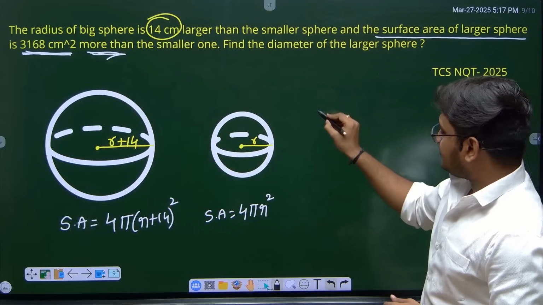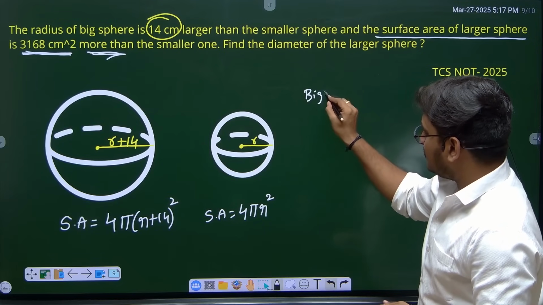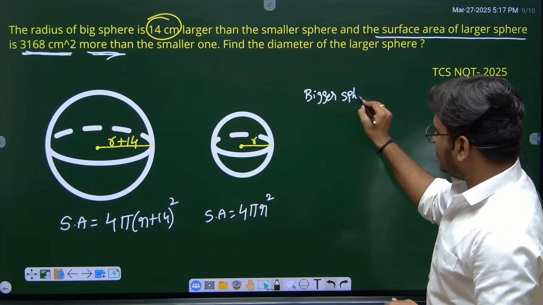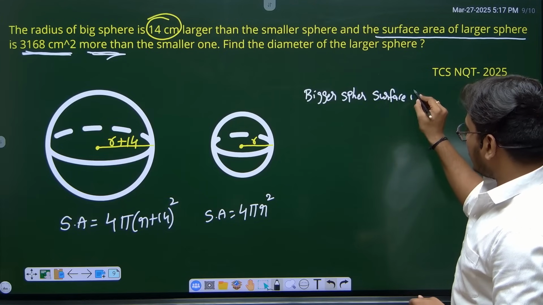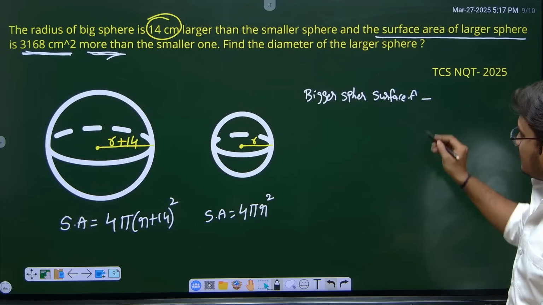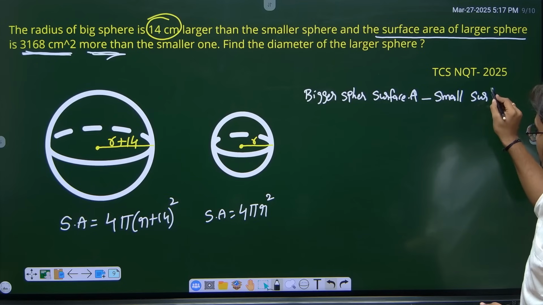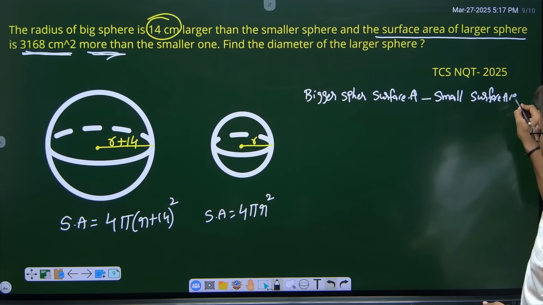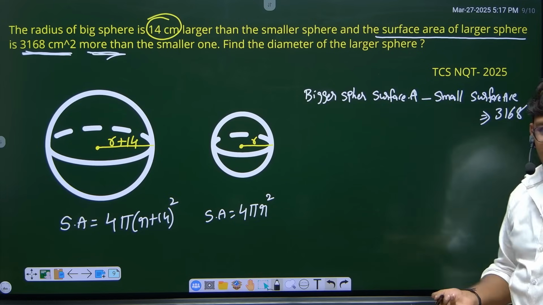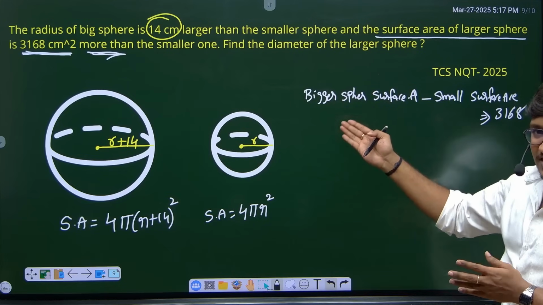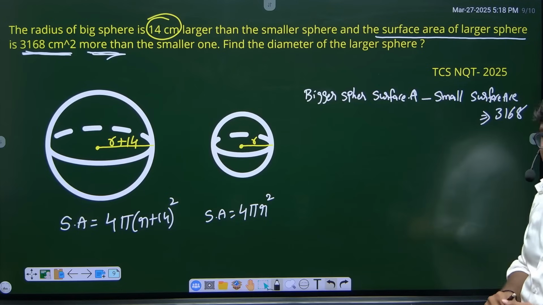Let me write it here: bigger sphere surface area minus smaller sphere surface area. The difference is 3168 centimeters square.